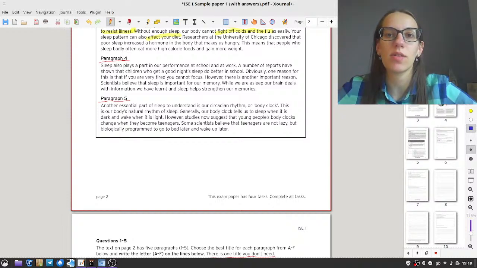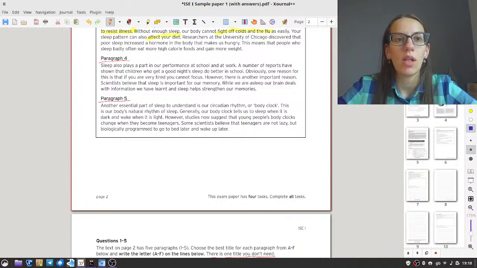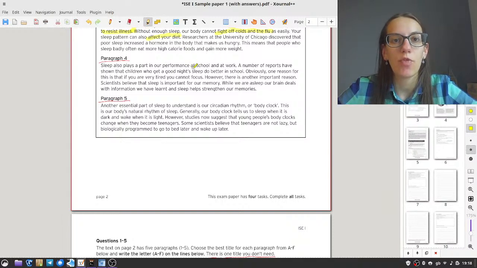So again, in your own words, what is the topic of this paragraph? What is this paragraph about? Well, I would say that it's about our performance at school and work, how sleep affects our performance at school and work.